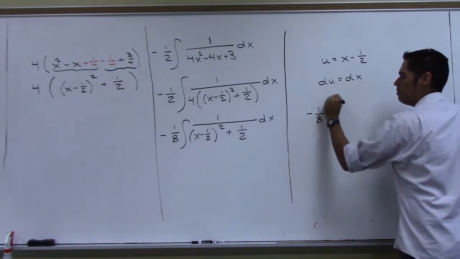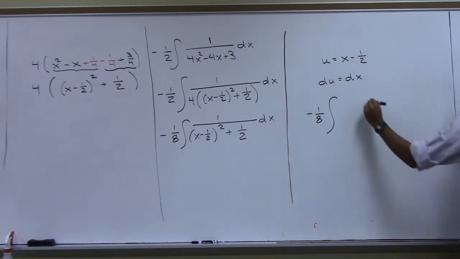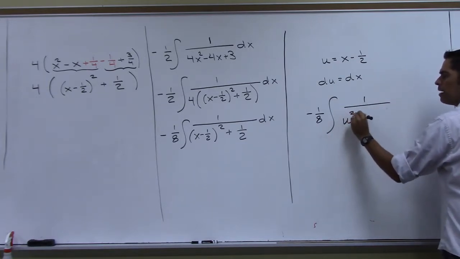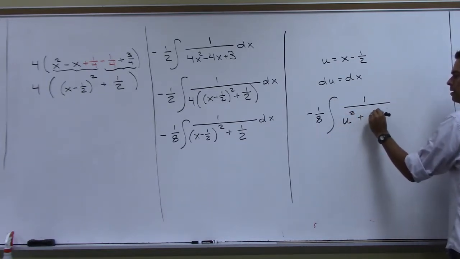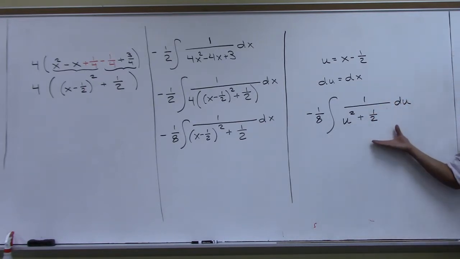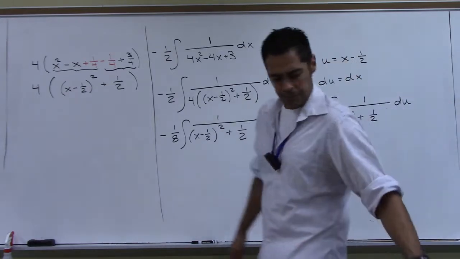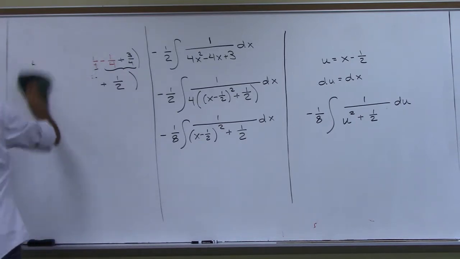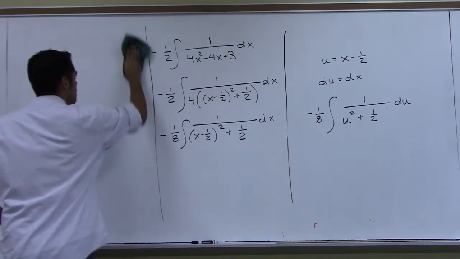Negative 1/8, what? 1 over u squared plus 1/2 du. Everyone agree? That's your formula 17. That's formula 17.